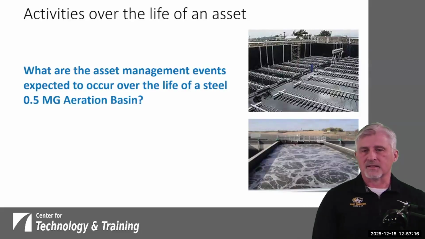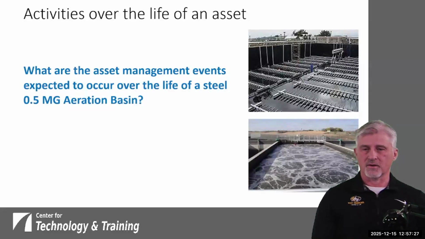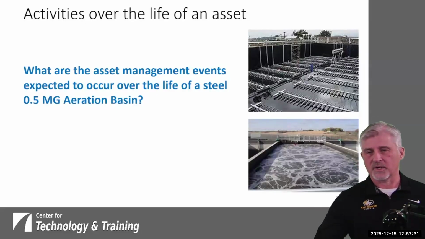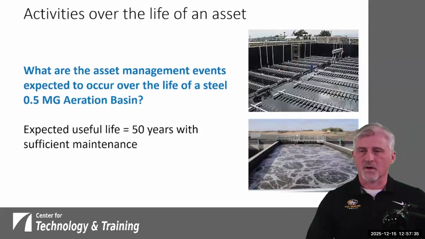So, activities over the life of an asset. What are the events that might occur over the life of, in this case, a steel 500,000 gallon aeration basin? What asset management events might we expect? We've got an expected useful life for that asset of 50 years, assuming that we do adequate maintenance on it.